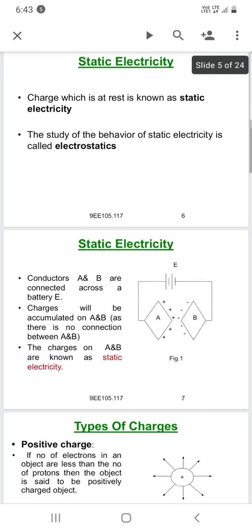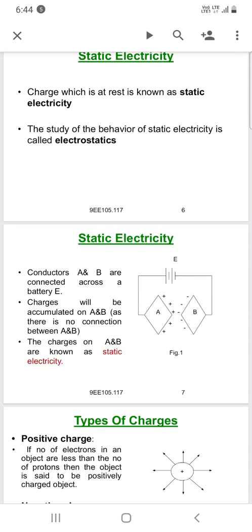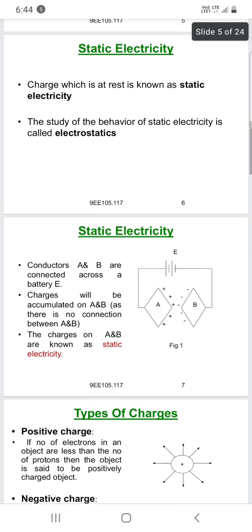A charge which is at rest is known as static electricity. The study of the behavior of static electricity is called electrostatics.